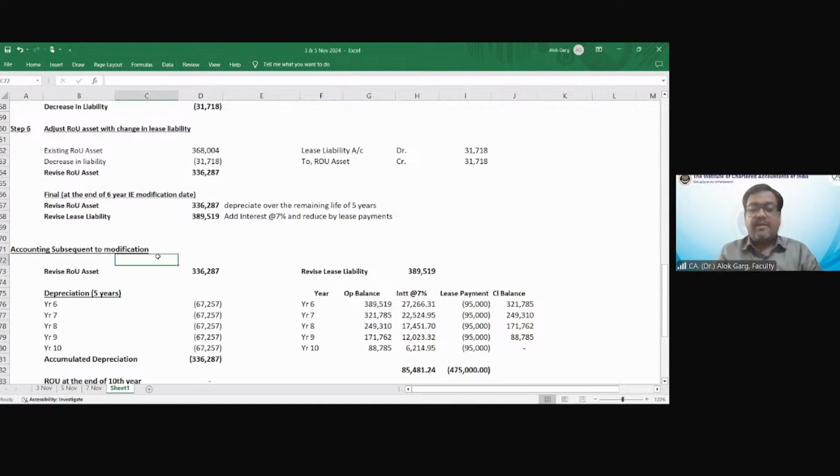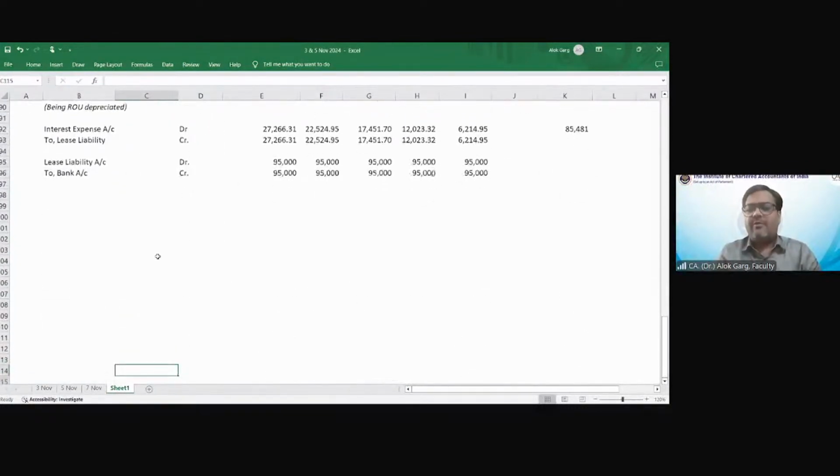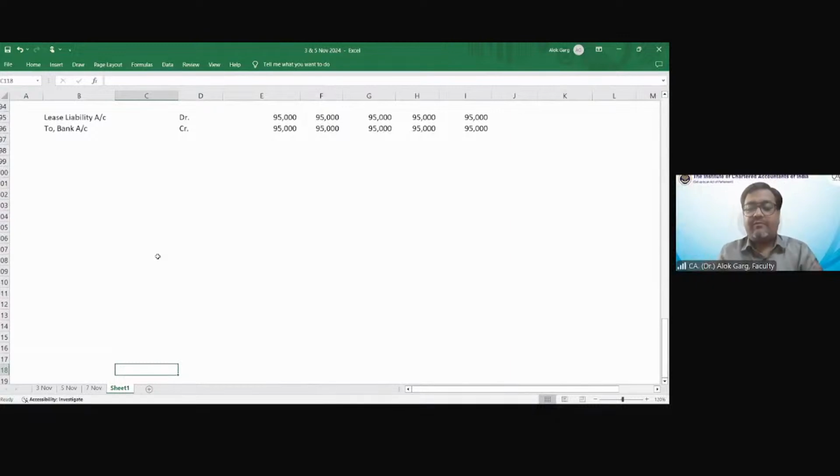Yes. So friends, let me explain the lessor accounting. Lessor accounting is the same as what we have learned in AS 19.